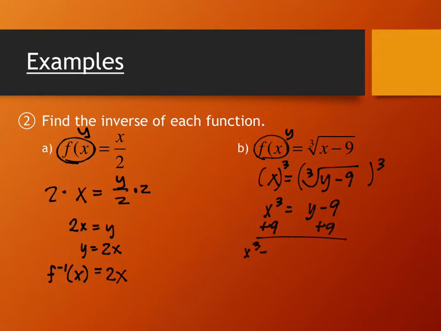So now I have x cubed plus 9 on the left, and y on the right. And we have this tendency to want to see the y on the right-hand side, right? So if that's you, just rewrite it. If you don't care, I don't care either. You could leave it and it'd be okay. But the last thing you're going to do, either of those versions, is to change what y says to say f inverse.